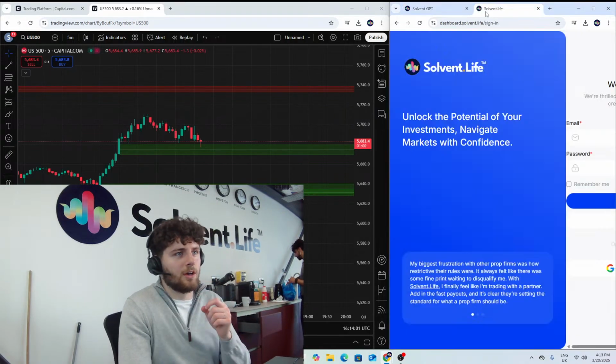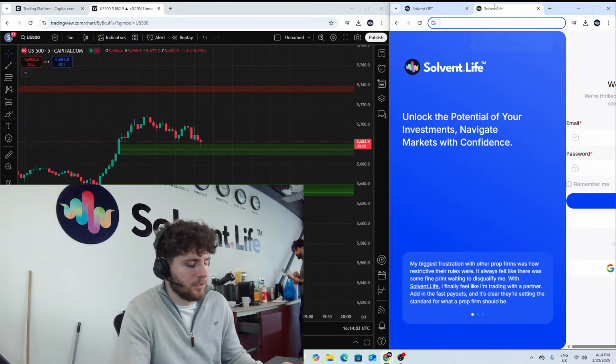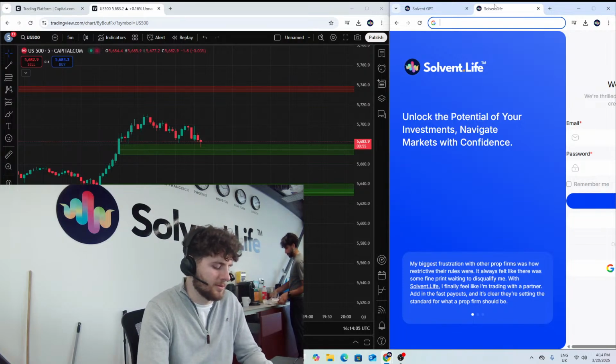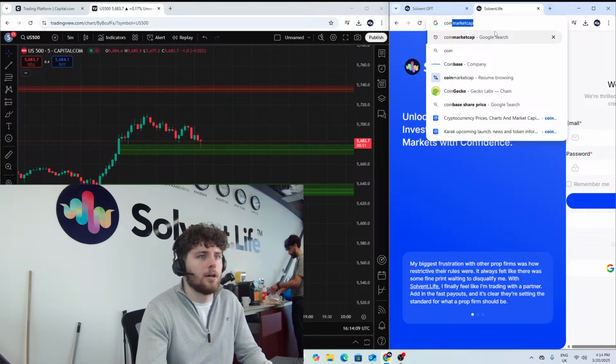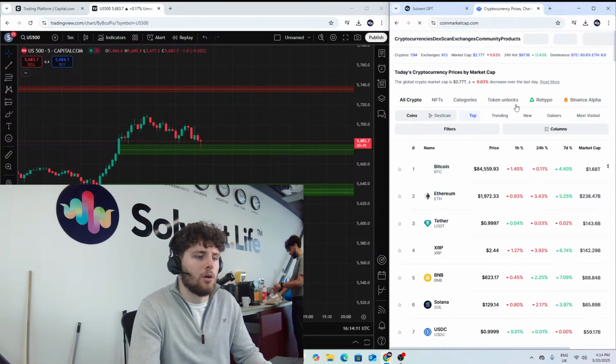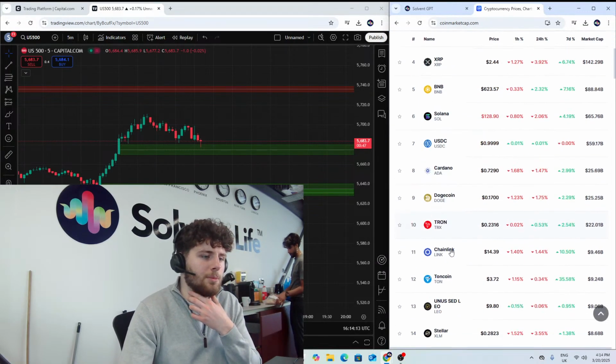This is something we're going to have to monitor over the next couple of minutes. I think it'd be interesting to go into some crypto now. CoinMarketCap. We'll look at a couple of our choosing, and potentially we can think about trading them.